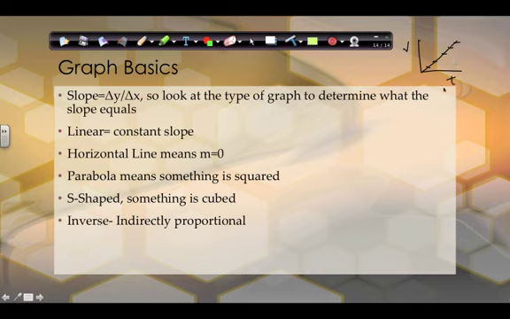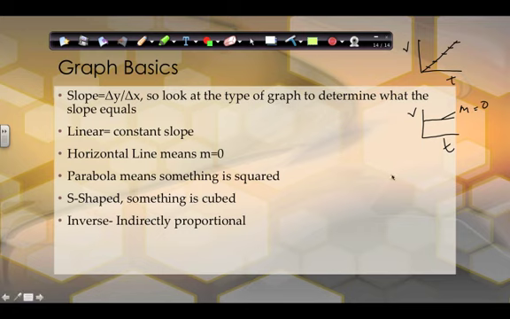Now, if I have a horizontal line, that means the slope is 0. So if this, again, was a VT graph, my slope would be 0, and since my slope is 0, my acceleration would also be 0.